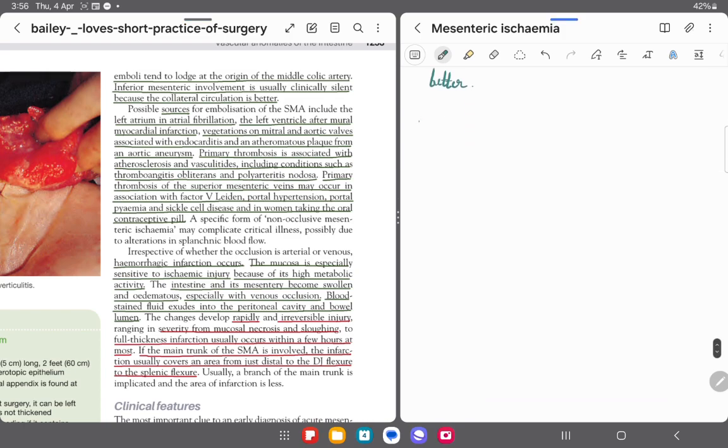So, superior mesenteric artery embolization.